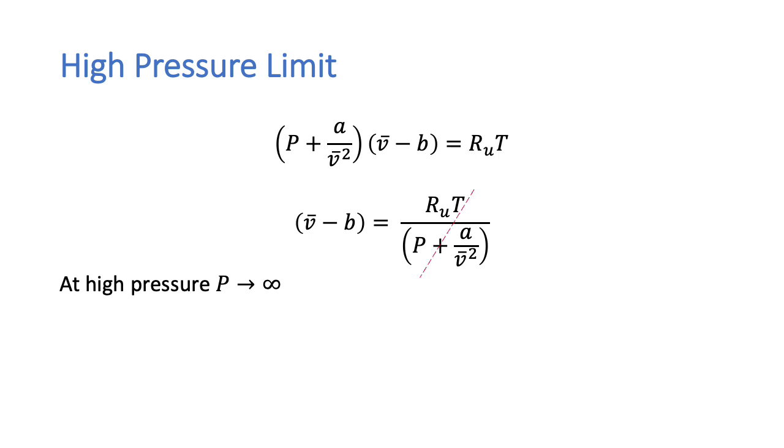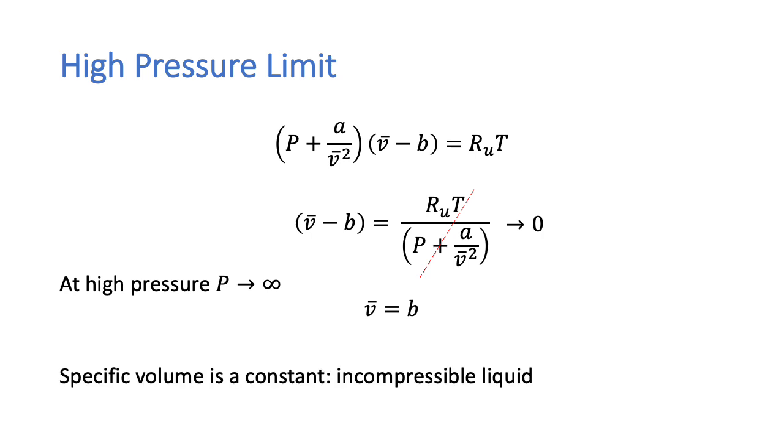The denominator becomes very large, and so therefore that term goes to 0, in which case V bar is equal to b, a constant. If the specific volume is a constant, then that is an incompressible liquid.